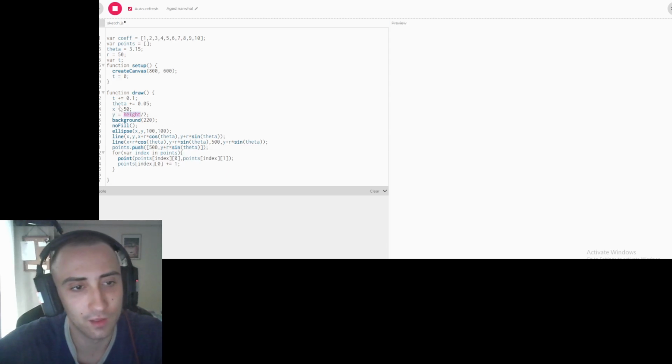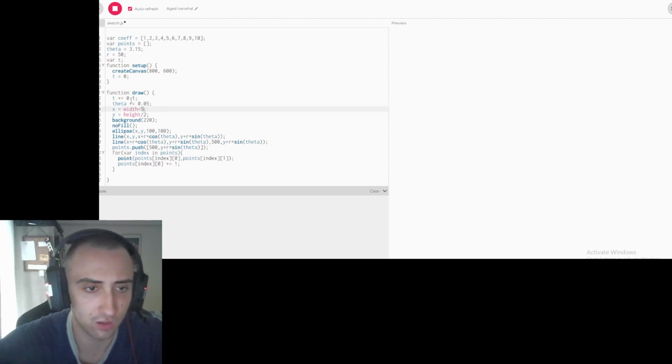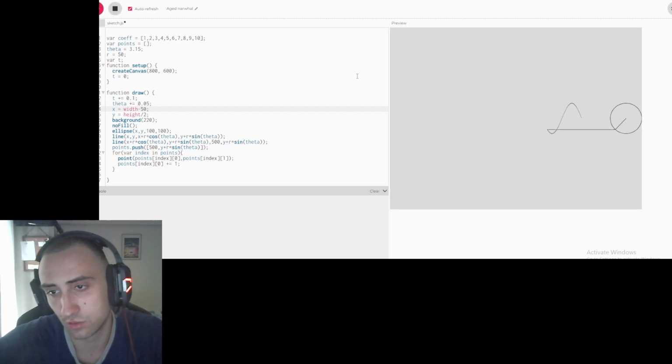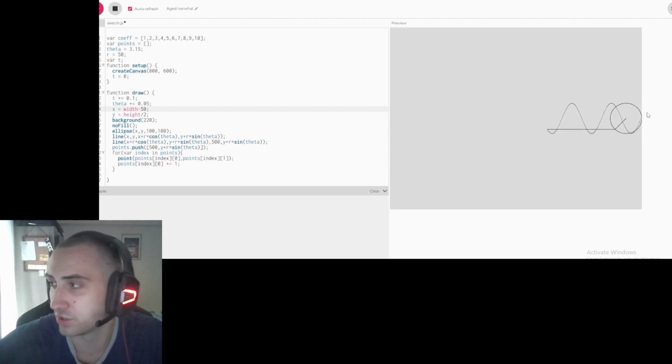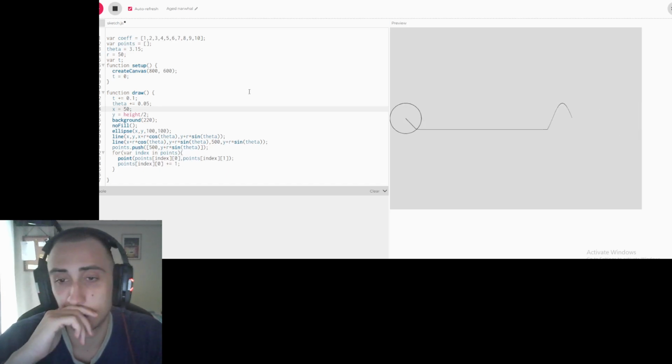If I move this to width minus 50. Okay. I don't like it because you see why, because it overlaps. So we're gonna leave it at 50 and see what we will do.